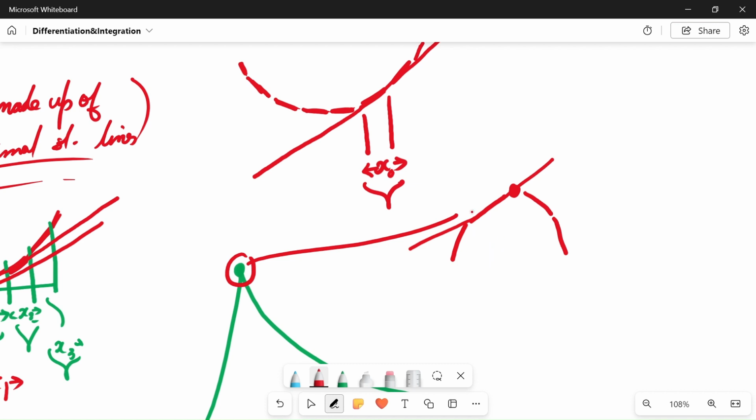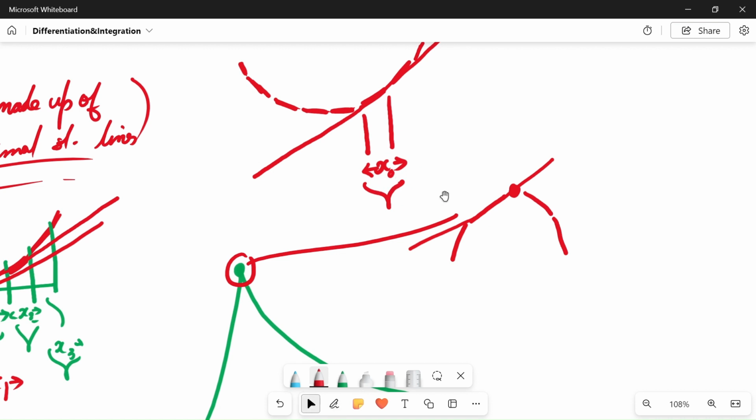On a literal sense we say that we are drawing tangent at a point, but what we are actually doing is extending that infinitesimal line on both the sides in the neighborhood of whatever point we're interested in.